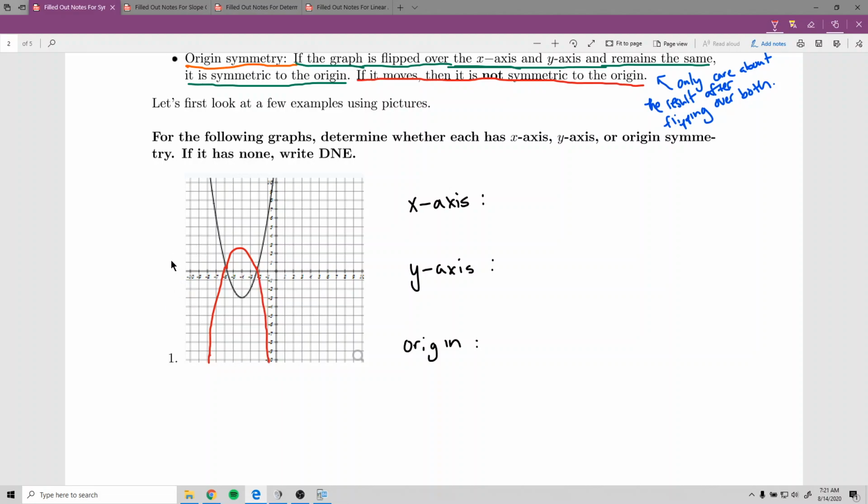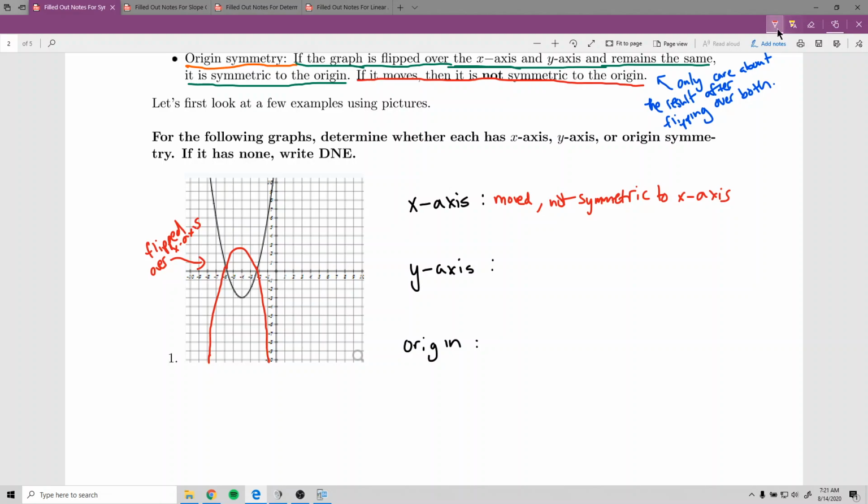You just need to be able to visualize it. But you simply ask yourself, did this graph move? Well, the line I drew is not the same exact line. So since the graph moved, it is not symmetric to the x-axis.